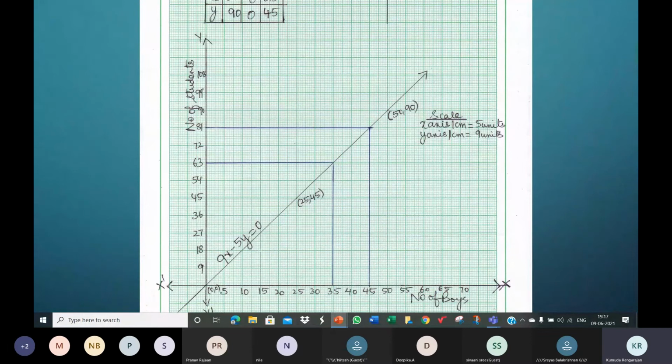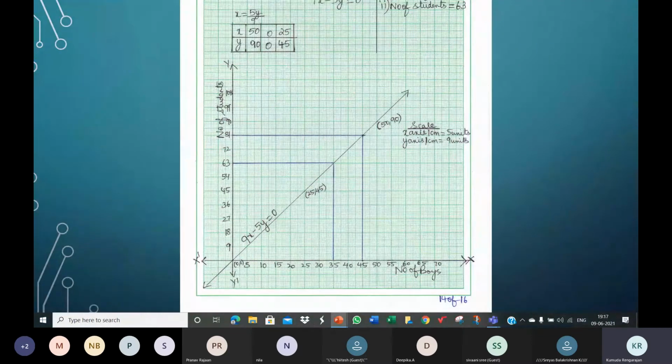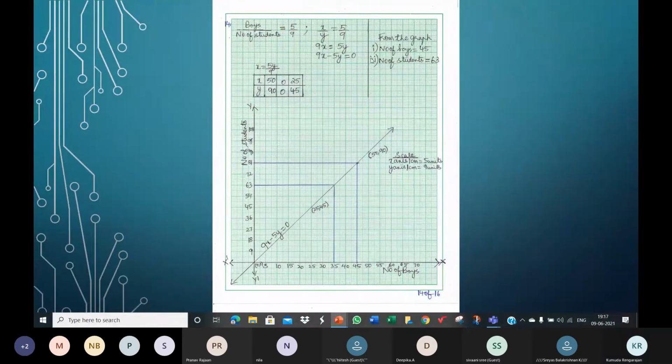Make a table and read the values from the graph. We've taken the number of boys along the x-axis and the number of students along the y-axis. Depending on the values we have against x and y, we decide the scale.